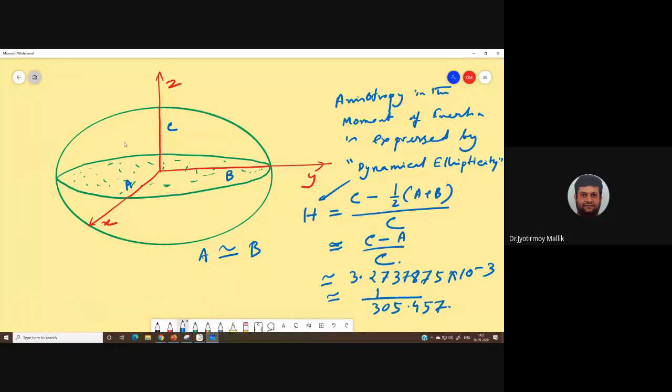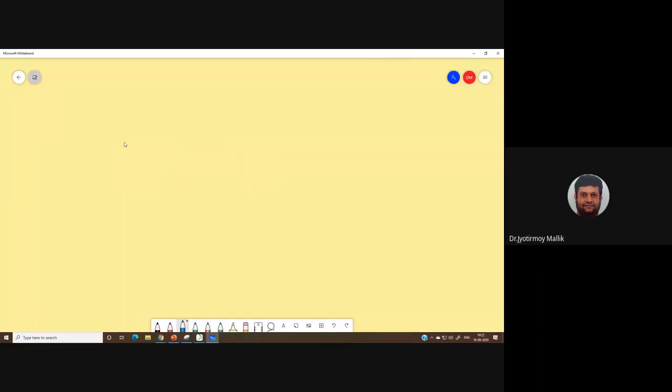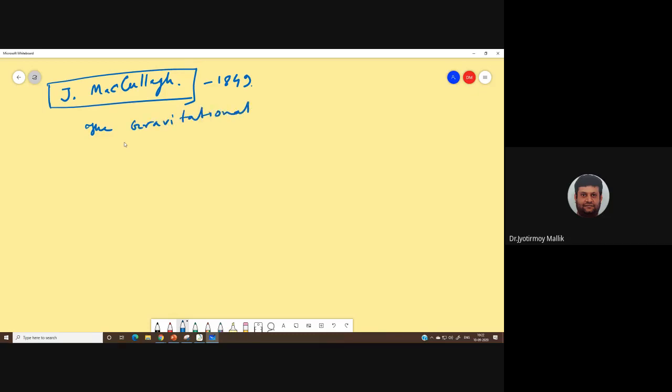Now, with this in mind, one famous scientist called J. MacCullagh in 1849 expressed the gravitational potential with the following formula: U_G is equal to minus GE by R. Now, this part we all know, right?